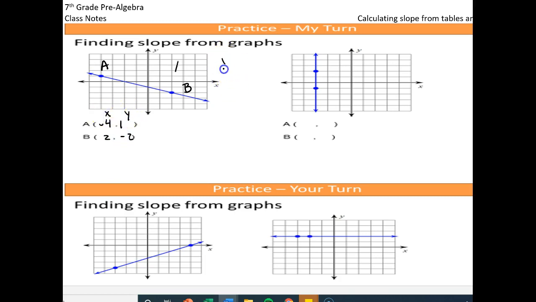So now you're just going to plug them into your slope formula. If you recall from yesterday, that's y2 minus y1 over x2 minus x1. Doesn't matter which one you use first, but as soon as you set them, that's exactly what it has to be. So if I'm calling this x1 and y1, I'm going to do 1 minus -2 over -4 minus 2.